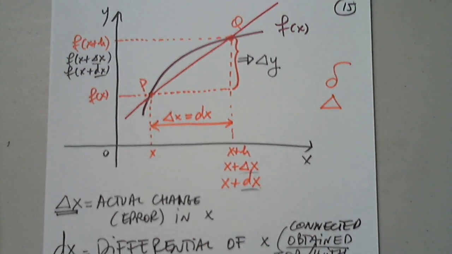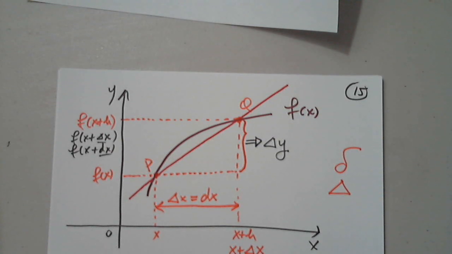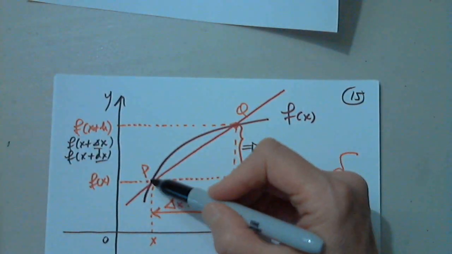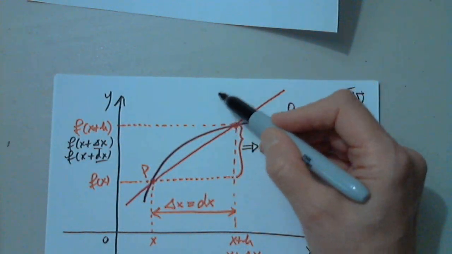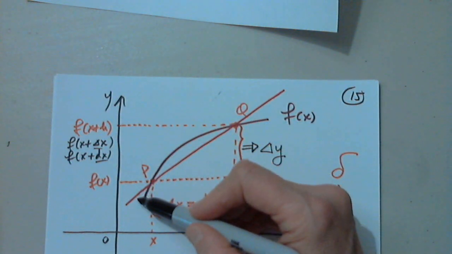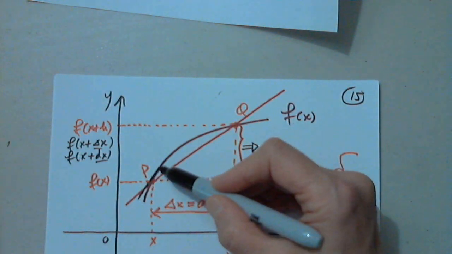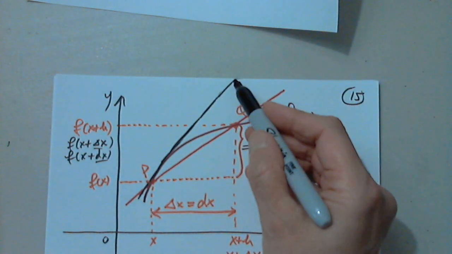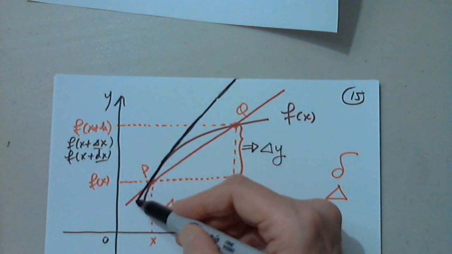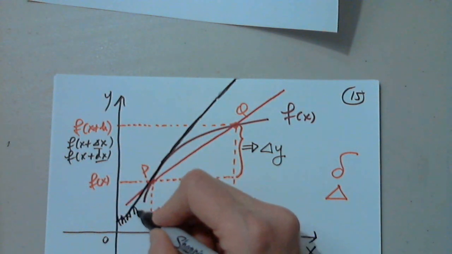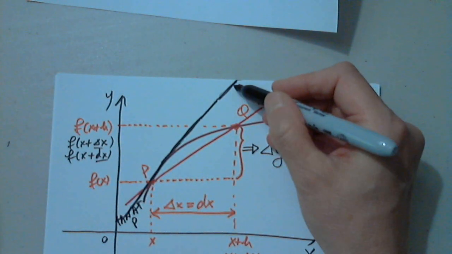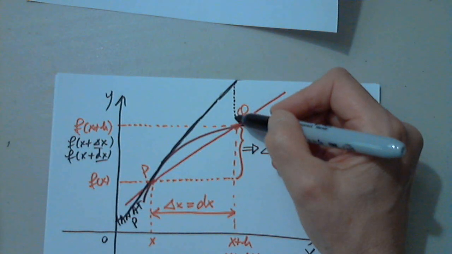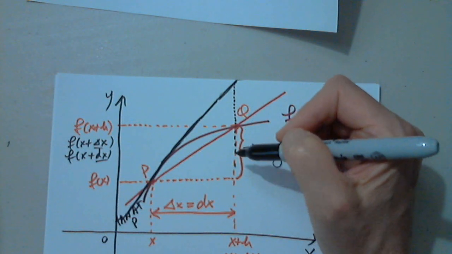Okay, now I'm going to draw the tangent line here. I'm going to force it a little bit so it's not going out my page. Okay, you'll see in a minute why. So this is the tangent at P. I will extend this line.